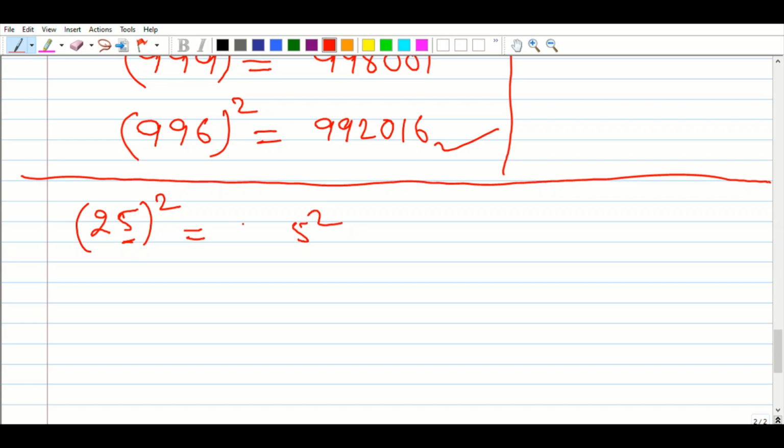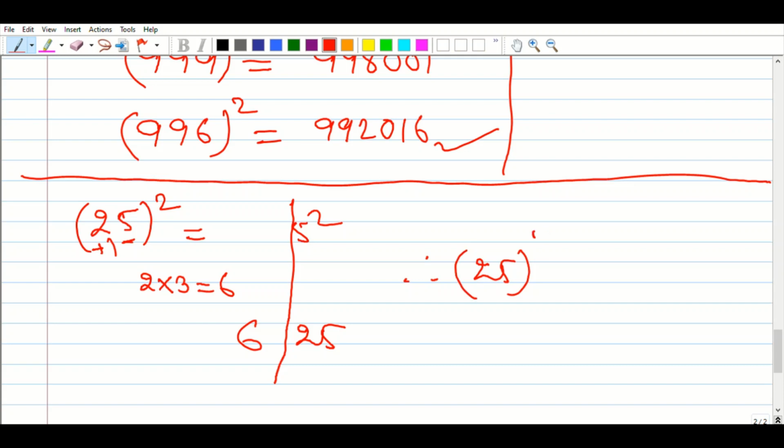In the 10 place, we will write 2 into its successor 3, that becomes 6. So we have 6 on the left-hand side and 25 here. Therefore 25 square equals 625.